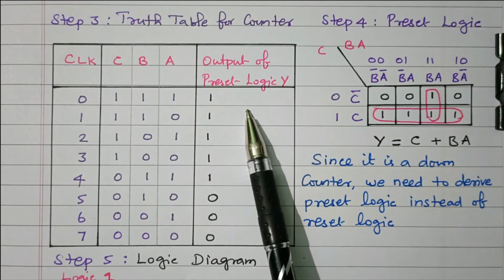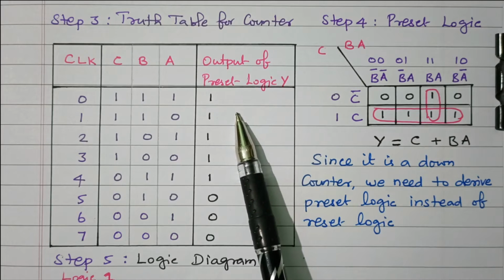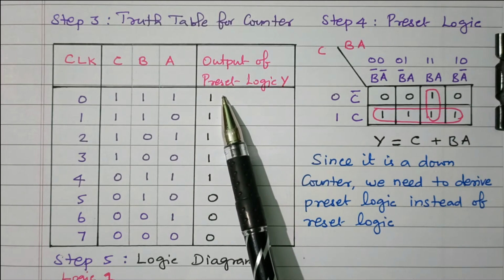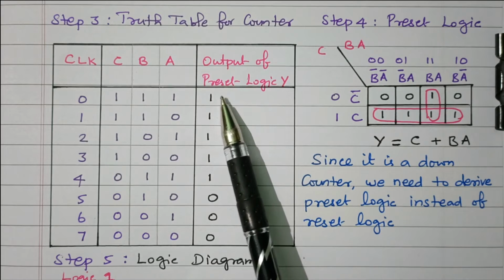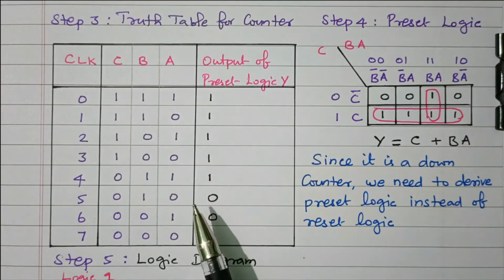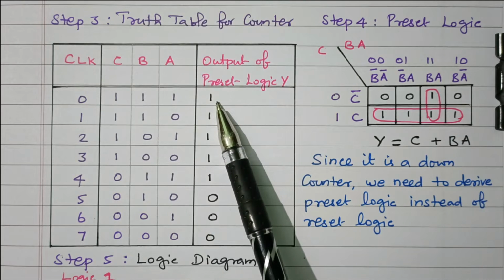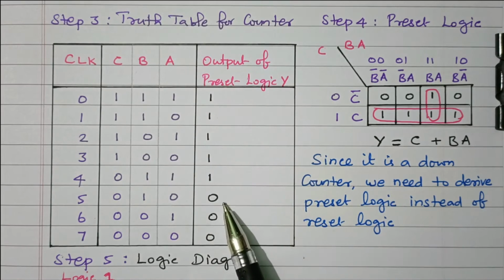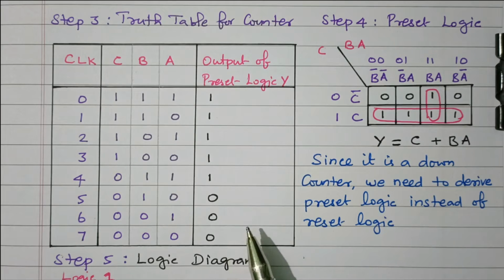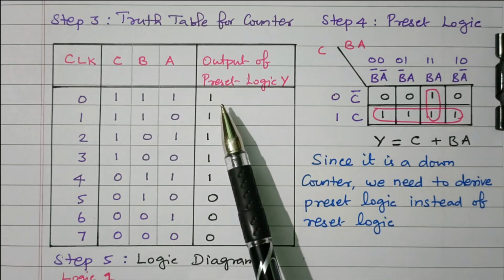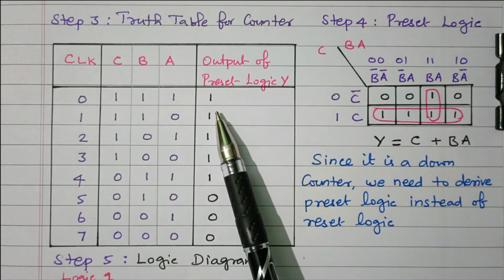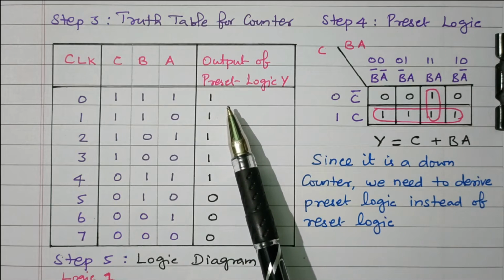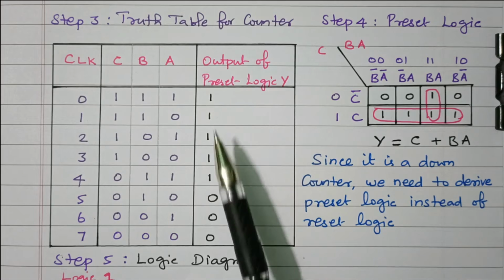So for an up counter we use reset logic, and for a down counter we need to use the preset logic, so that the flip-flop will be preset. Again it goes from the high level. Based on the state diagram, the first 5 are high, the remaining 3 are low. We can also take it as a mod 5 counter. So it is clear that for an up counter we use reset, and for a down counter we use preset.